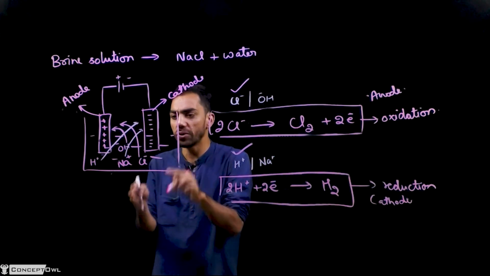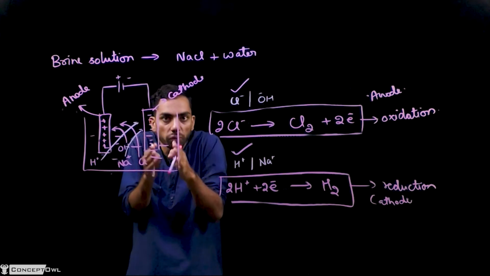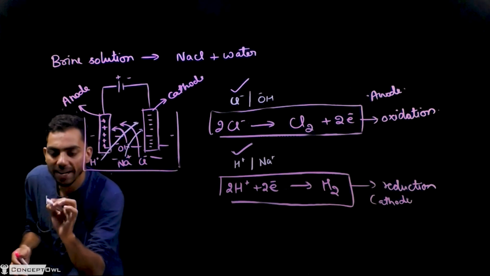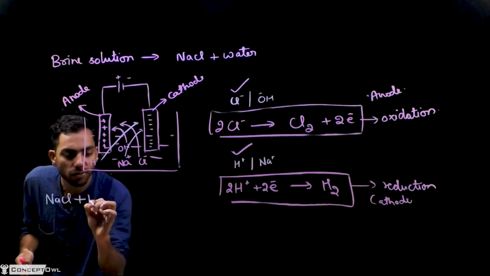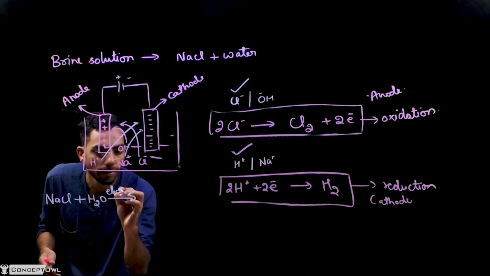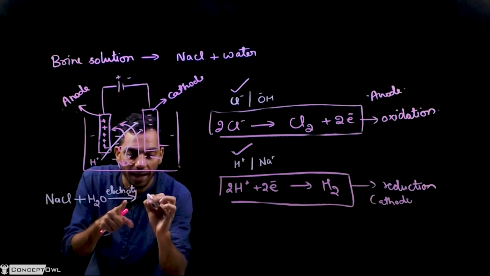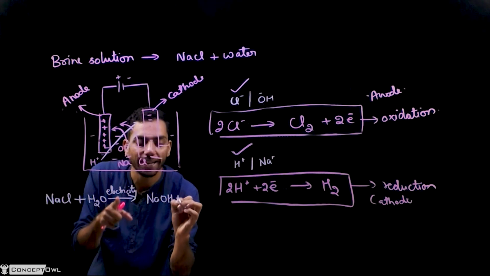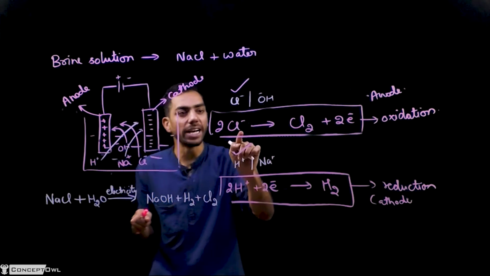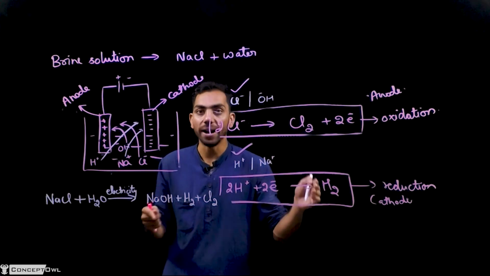Now in the solution what do you have? You have Na plus ion and OH negative ion. So they both will combine and form NaOH. So the overall reaction is NaCl plus water, and if we are passing electricity, we'll get NaOH and hydrogen and chlorine, because this Cl negative ion is converting into Cl2 and H positive ion is converting into hydrogen.